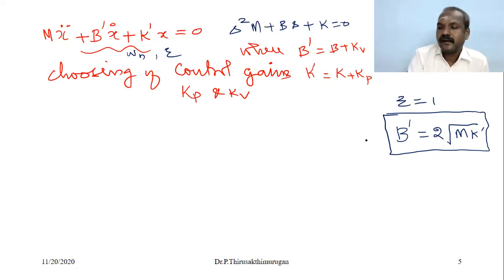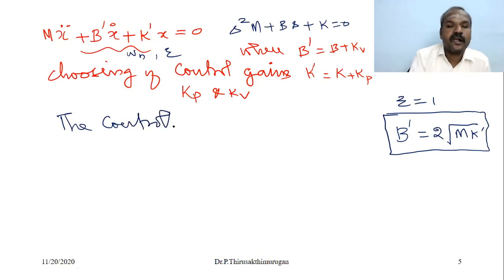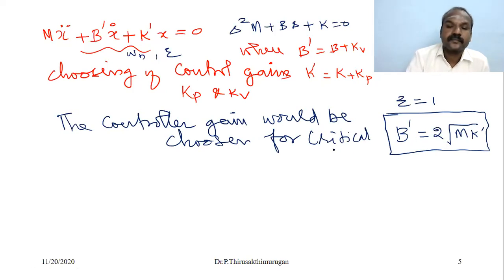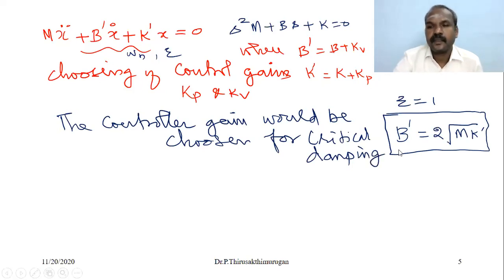This is the controller gain that would be chosen for critical damping.